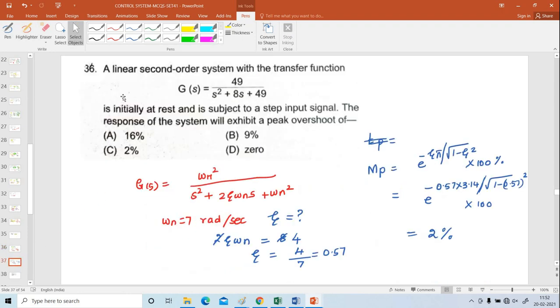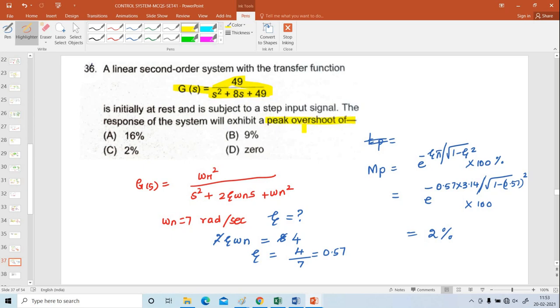Next problem: a linear second order system with a transfer function G(s) equal to 49 divided by s^2 + 8s + 49 is initially at rest and is subject to a step input signal. The response of the system will exhibit a peak overshoot of what?